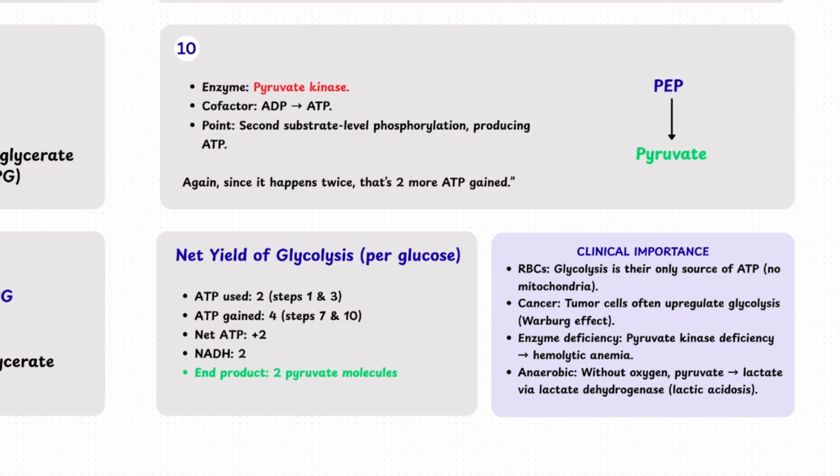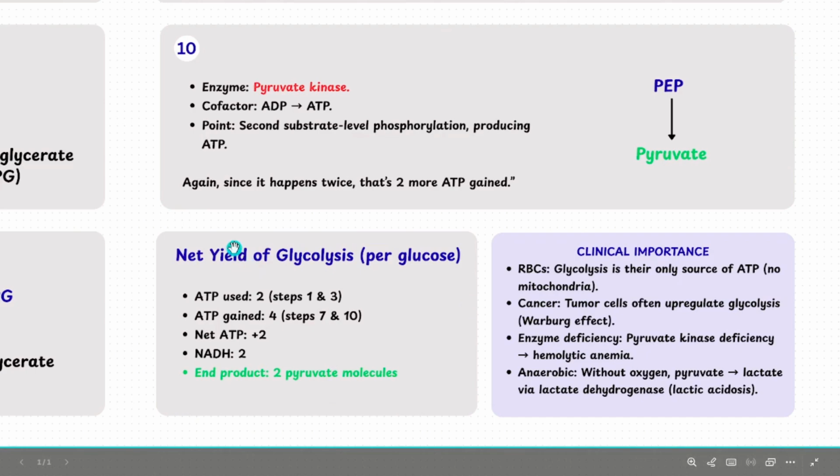Now this will lead to an acidosis because we are pumping more protons into the body. So it's also very, very key because sometimes patients have acidosis. So you get why it's important for you to learn glycolysis.